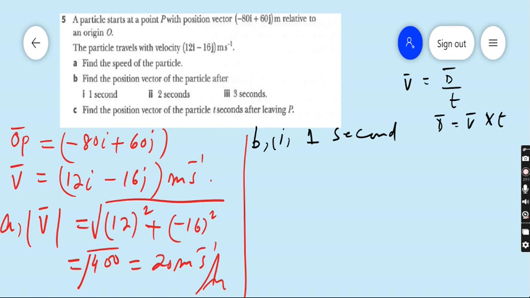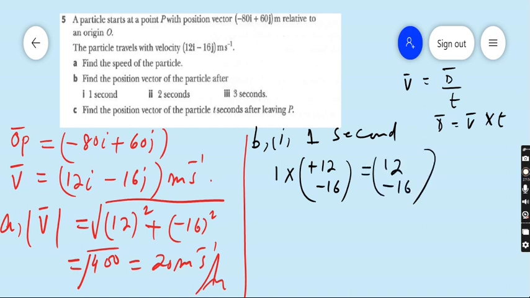If we multiply velocity by time, the time is given 1 and the velocity is given 12i minus 16j. So it is 12 minus 16, because 12 ones are 12 and 16 ones are 16.